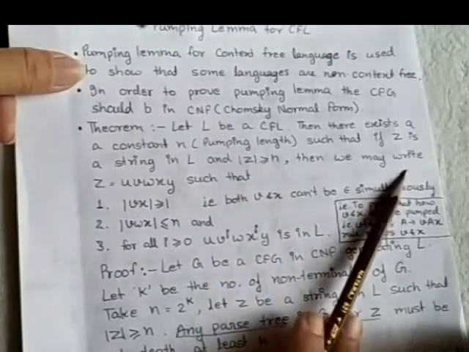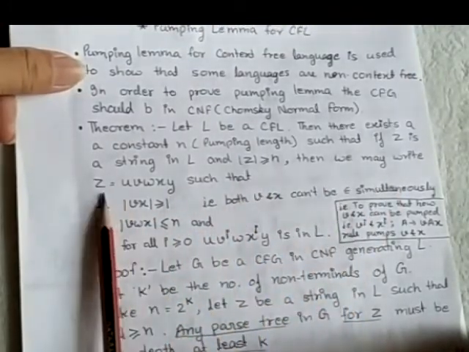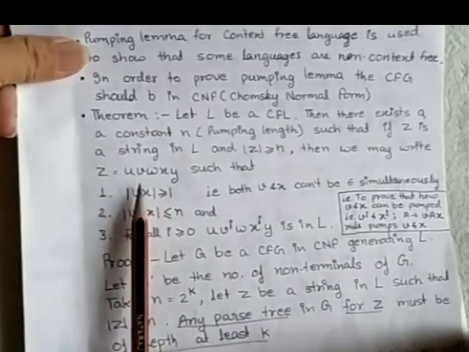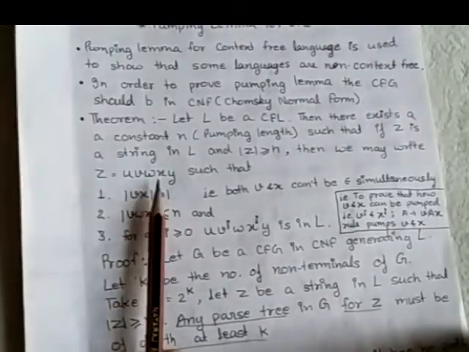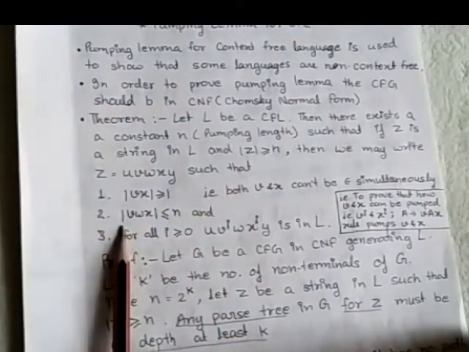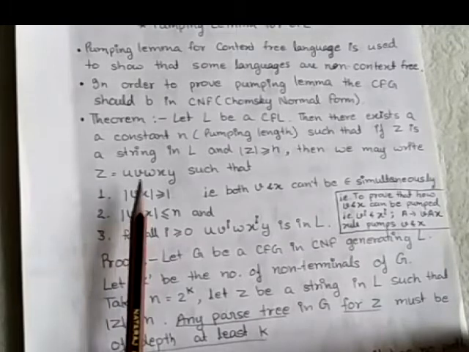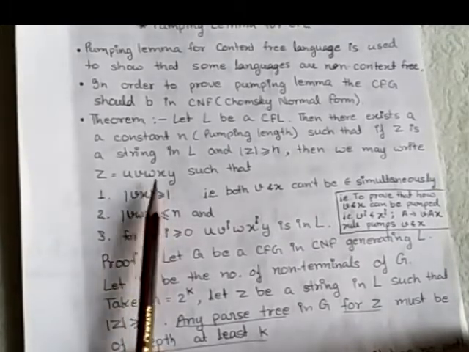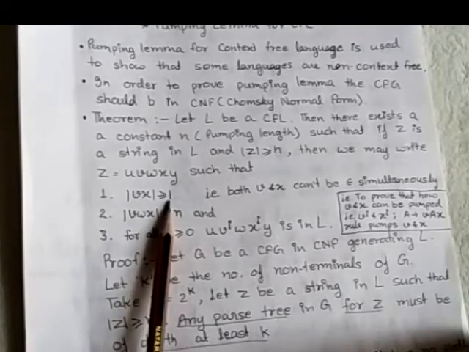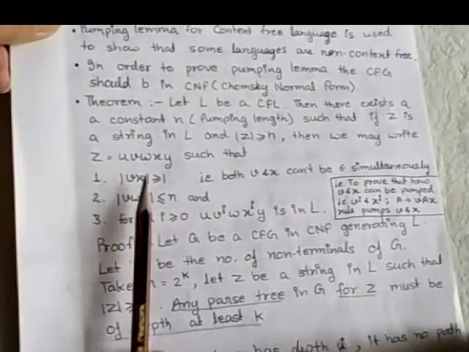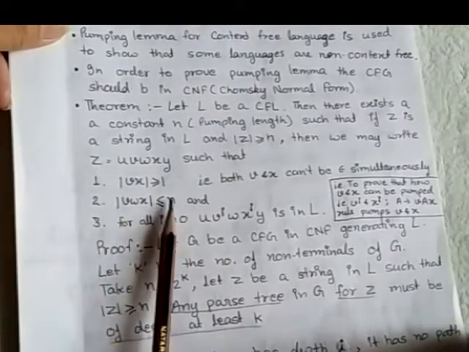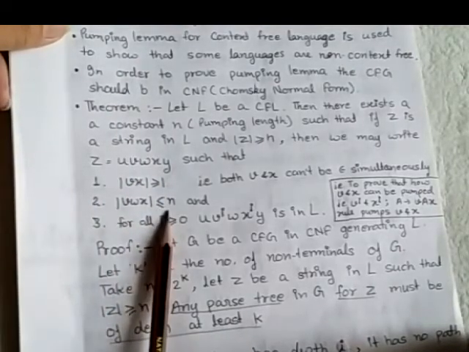Then this string can be subdivided into 5 portions: U, V, W, X and Y, with the following conditions: first, the length of V and X should be greater than or equal to 1. Second, the length of VWX should be less than or equal to n.